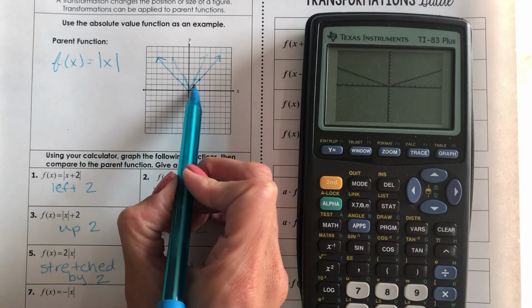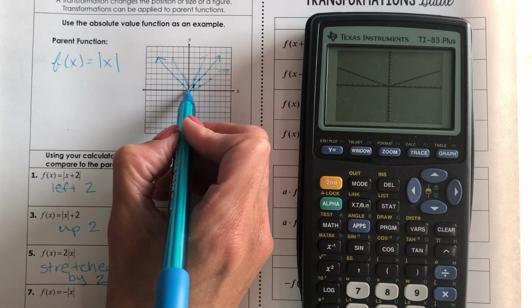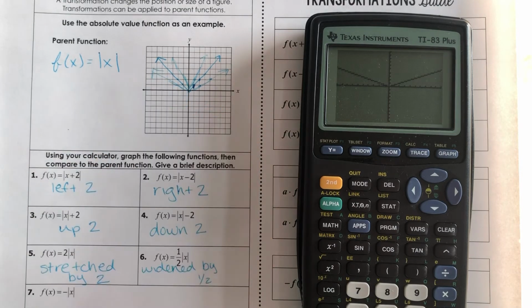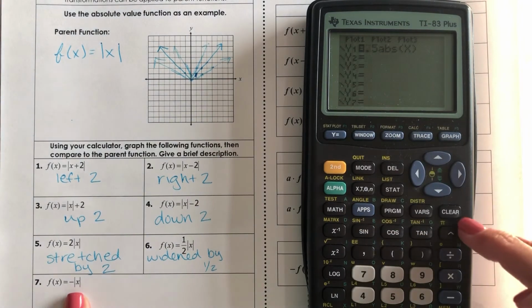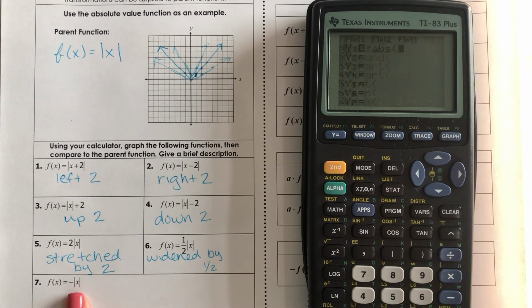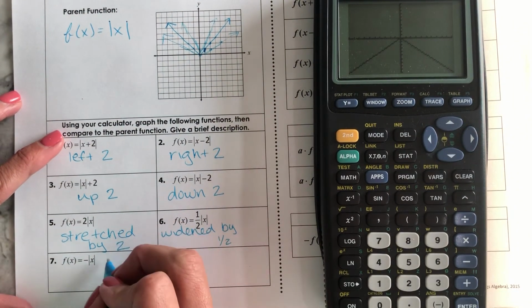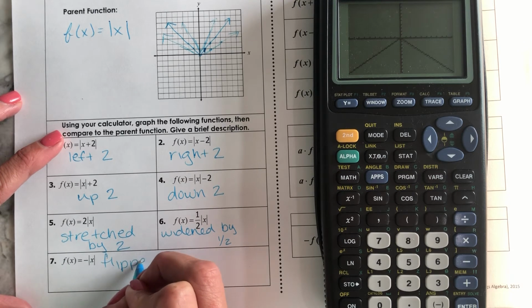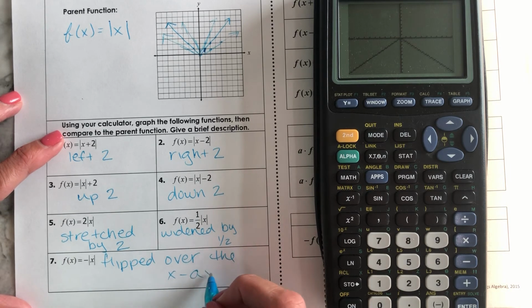That would be up 1 over 2, up 1 over 2, and it goes out like that. Okay, what happens if you make it negative? Let's try that. Graph. It flipped the whole thing upside down. So it flipped, or you could say reflected over the x-axis.